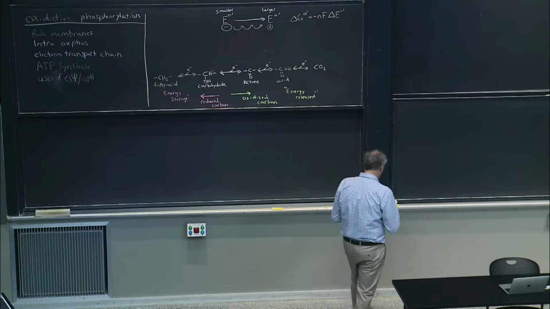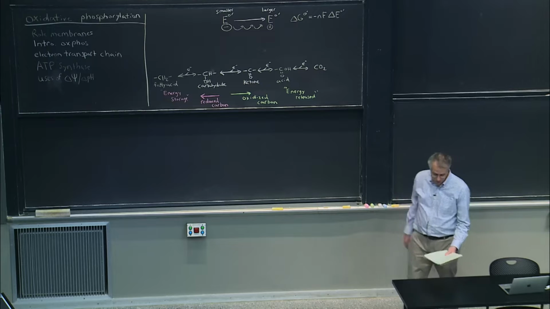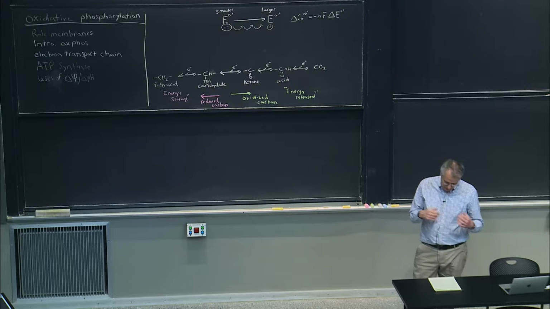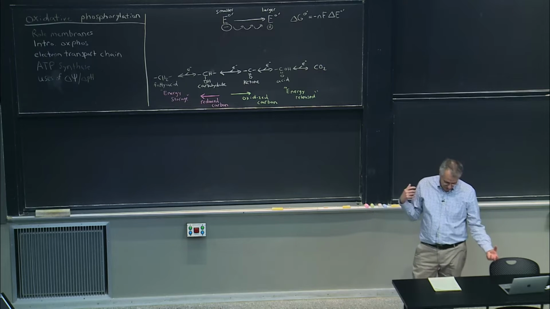Last time, we discussed standard reduction potential, this E0 prime value, that really is a way to quantitate the propensity of a molecule to accept or donate electrons.